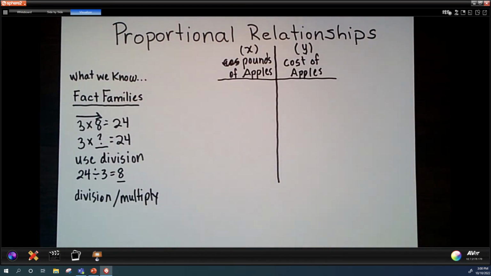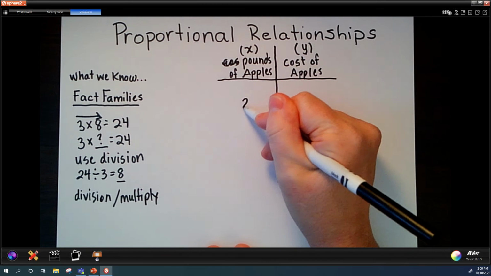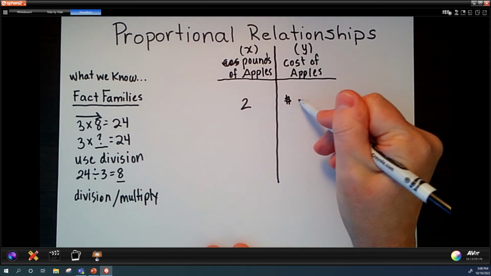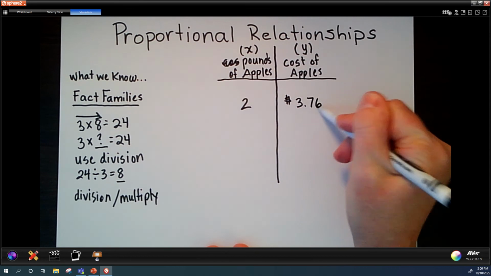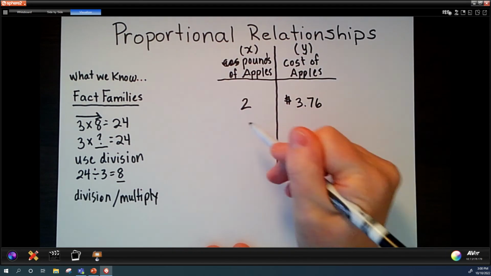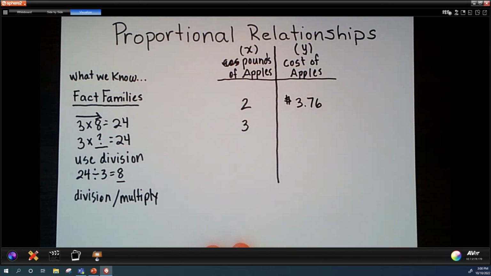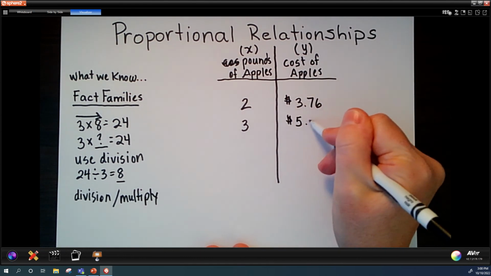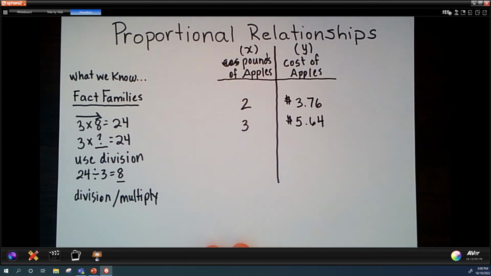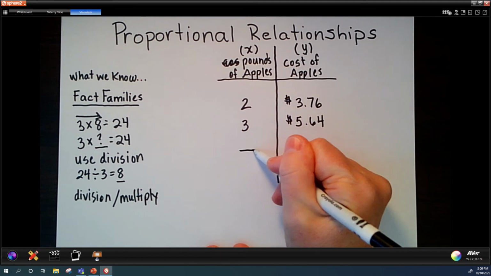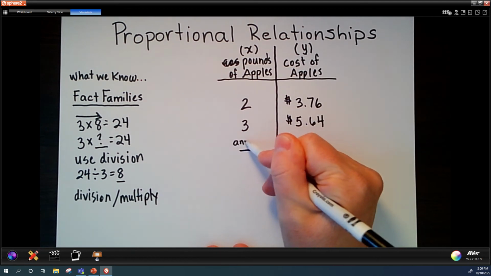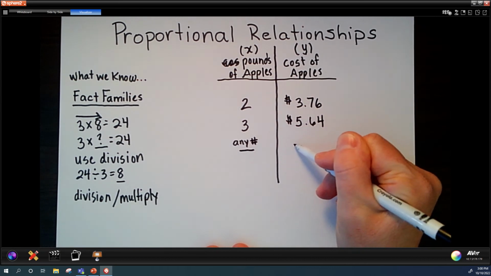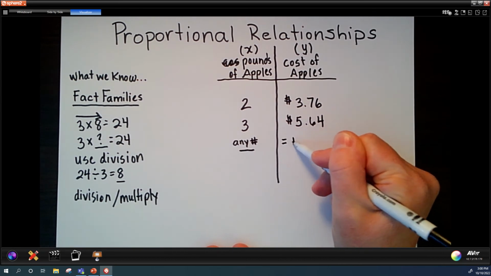If we know 2 pounds of apples cost a total of $3.76, and we know that 3 pounds of apples cost $5.64, and lastly, some number, any number, would equal the total cost.